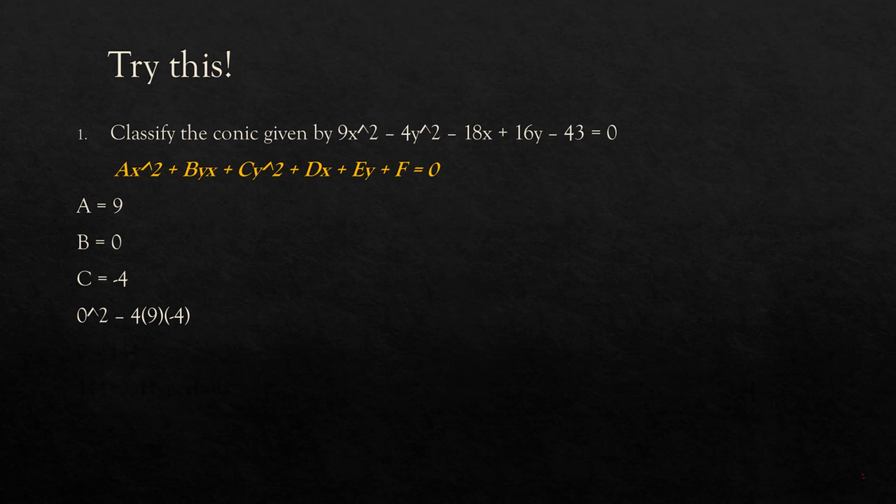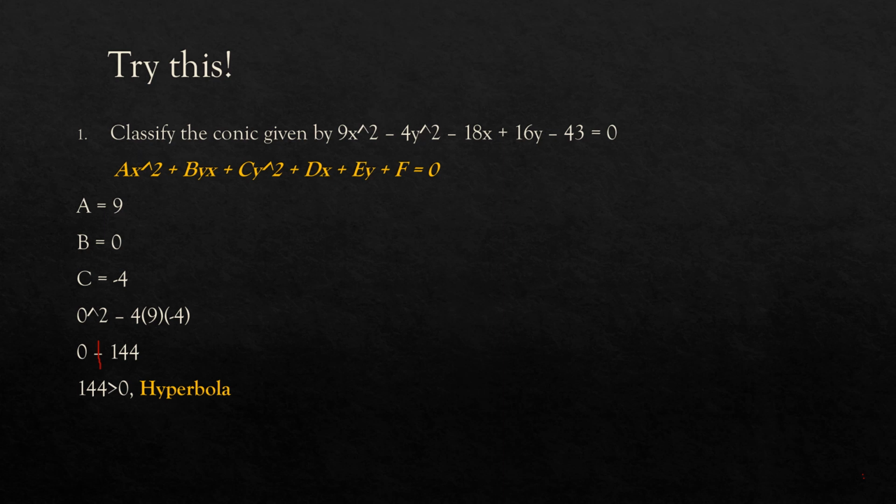Next, we substitute these values to our formula: 0 squared minus 4 times 9 times -4. So 0 squared is 0, and 4 times 9 times -4 is positive 144. Since our discriminant is greater than 0, this is a hyperbola.